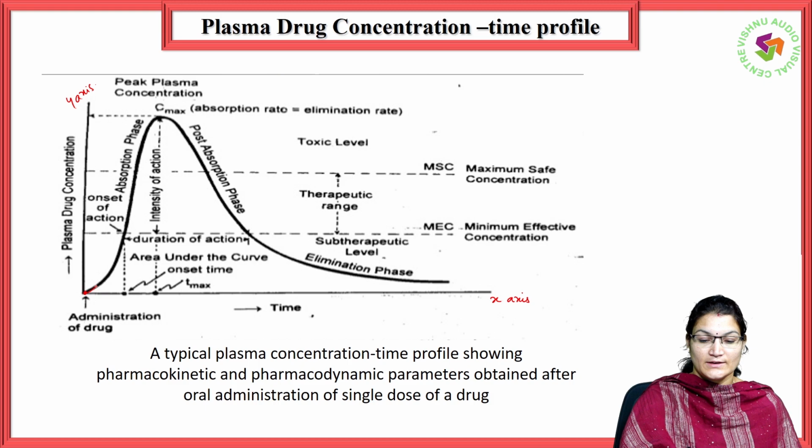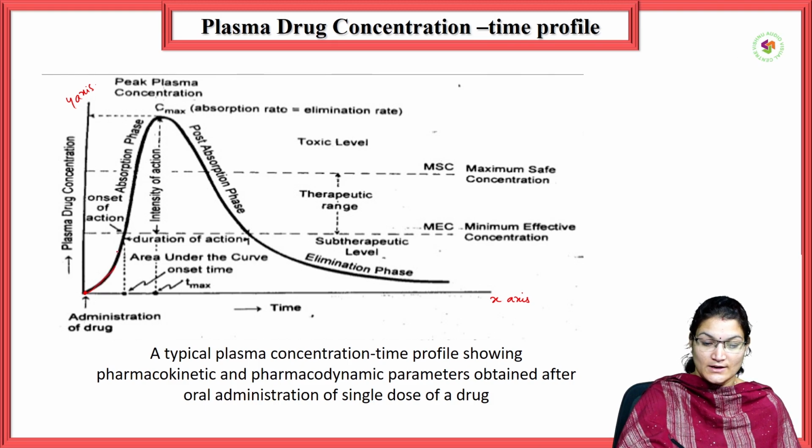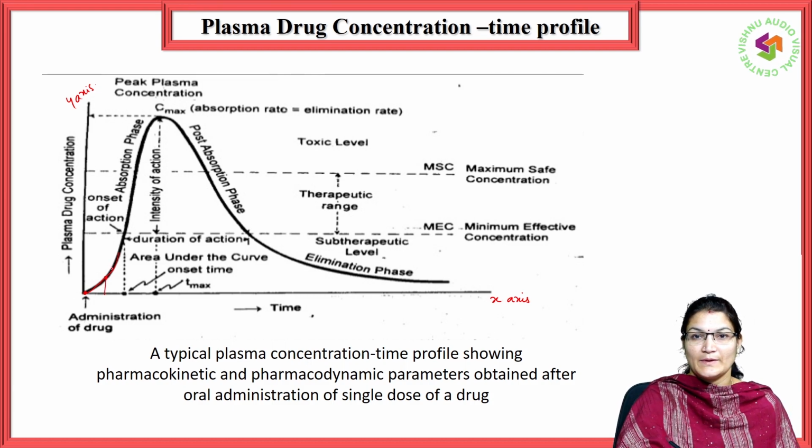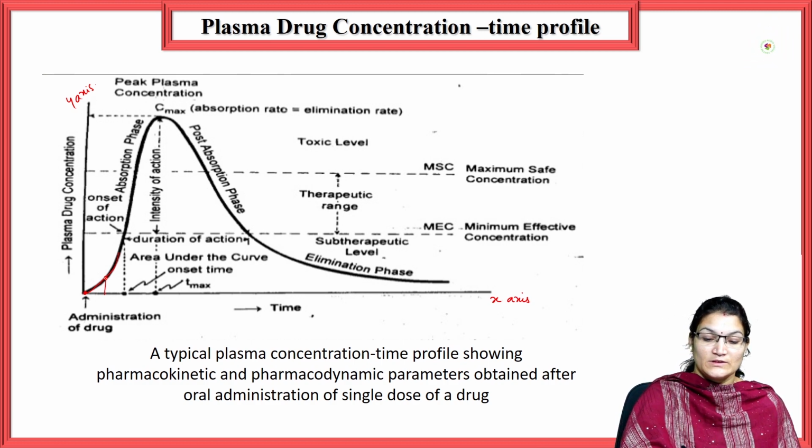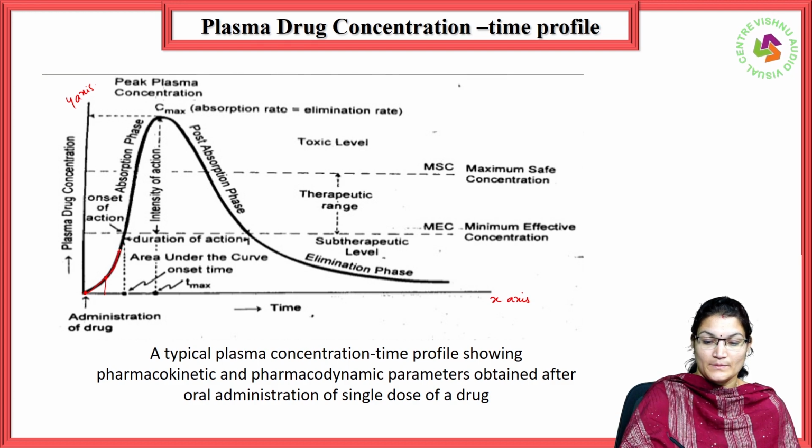Initially, it will start getting absorbed into the blood circulation. Slowly for the initial 1 hour, it will absorb for a certain amount of time, 1 hour, half an hour. It depends on the type of drug you have chosen. So within 1 hour, it will get absorbed, and it continues to get absorbed.